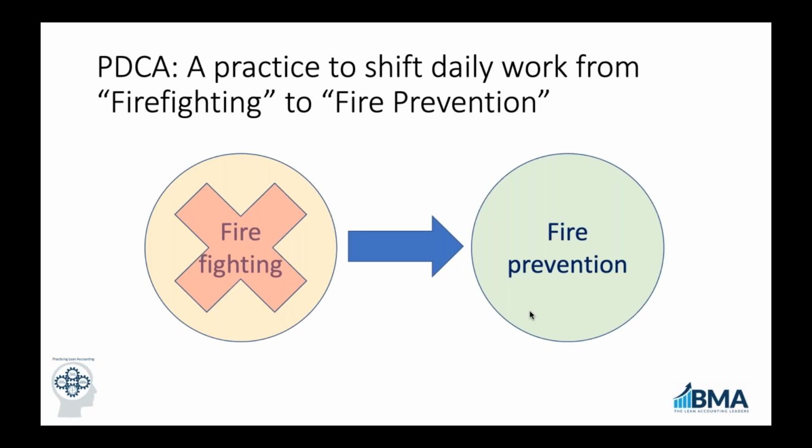For example, in most accounting processes, and accountants are very good at this, firefighting, meaning we discover a problem or an issue, maybe an invoice is not properly completed to process an accounts payable. And so we have that this invoice needs to be fixed.